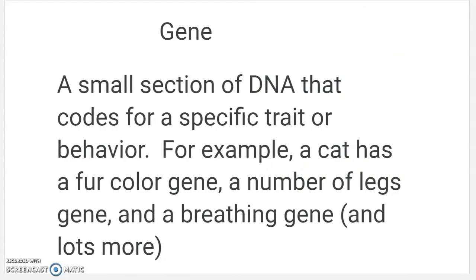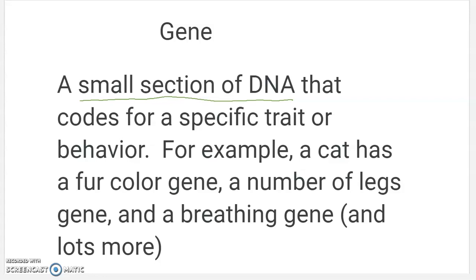So let's write them down. I'm going to go small to big because I feel like for me that's better, but it may be easier for you to understand big to small. So take out an index card or a faux index card if that's what you're making. And let's do one for gene. A gene is a small section of DNA, the smallest one. A small section of your DNA that codes for a specific trait or behavior.